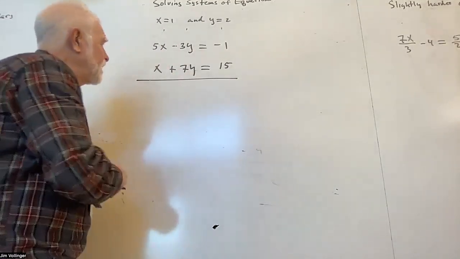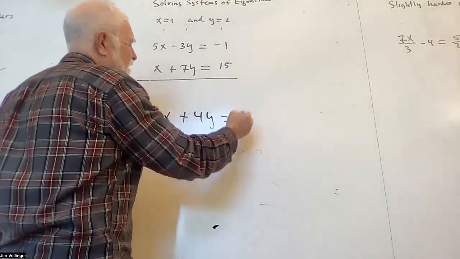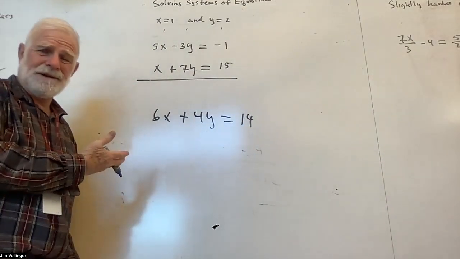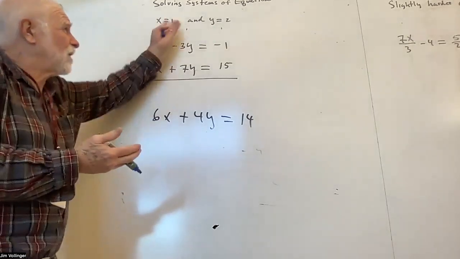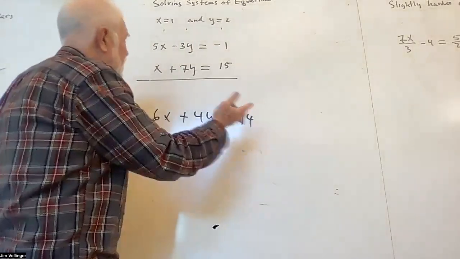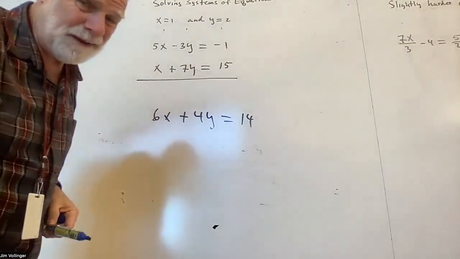If you add up the columns right now, you get 6x plus 4y equals 14. That doesn't help me too much because there's an infinite number of solutions. 1, 2 is just one of them. 1, 6, and 8, 14. That's true, but so many other situations are true that it doesn't help me.